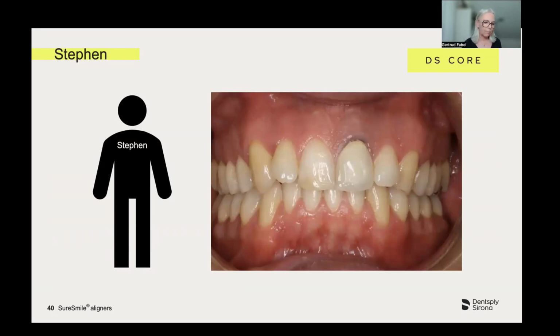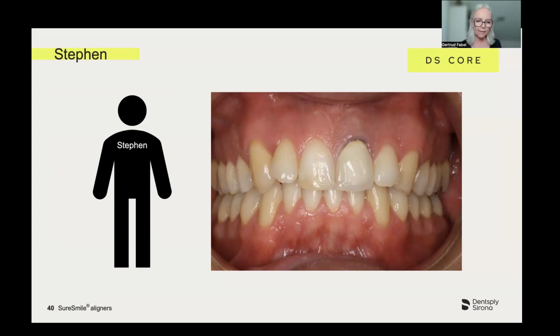Going back to a more simple and aesthetic case, just wanted to show you a smaller case, and remember that most aesthetic cases need aligners at the first step. They make things so much easier. And Stephen's treatment can be exemplary for simple tooth corrections.